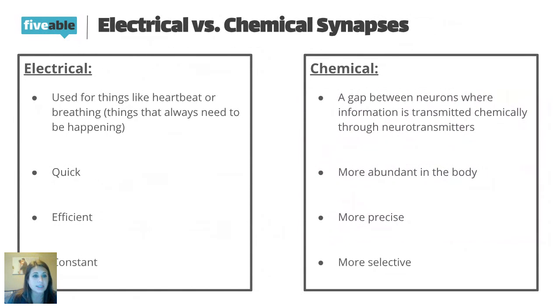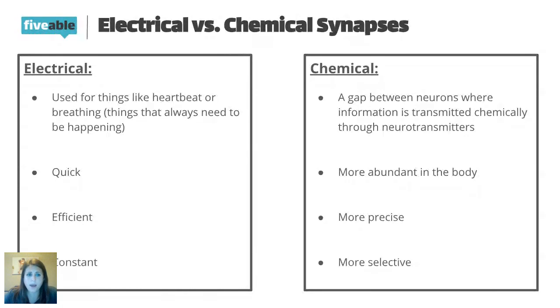It happens constantly, it's quick, and so we use electrical impulses in our bodies for things that always have to be happening, like our heartbeat, right? We need a heartbeat. We can't just take a break from that. And so that would be an electrical impulse from our neurons firing. Same thing like breathing, just any kind of basic bodily function that needs to be happening. Those are going to be our electrical impulses, how the neurons fire. They're quick, they're efficient, and they're constant.